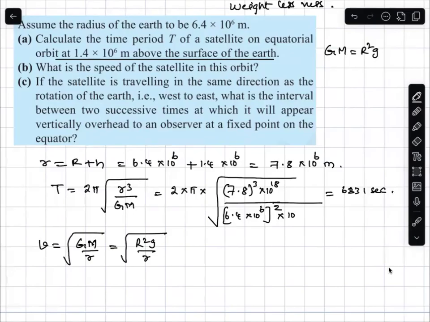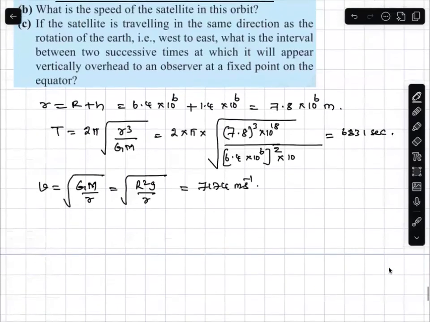By substituting, you will get the value around 7174 meter per second. I'm just giving you an idea how to do it. My intention is not to use a calculator and substitute all these things. Next, the first 2 points are very easy. The third point is a touching one. This is where I should give more time.